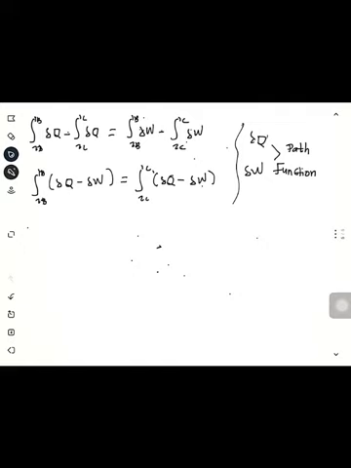So here, you notice we have this quantity Q minus W. This is a point function.